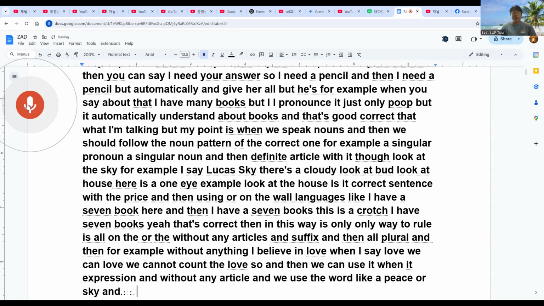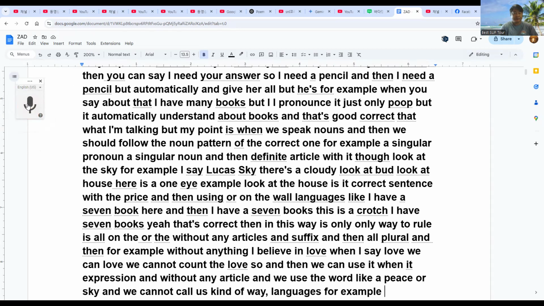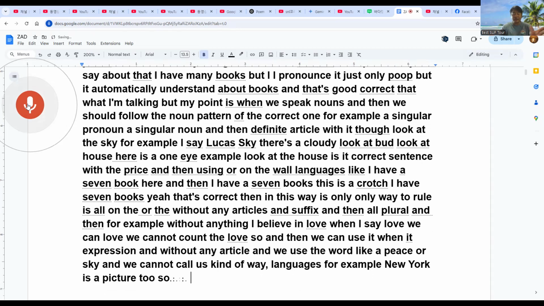We cannot call a sky in a specific way in common language. For example, New York is a big city. We call New York without any article.